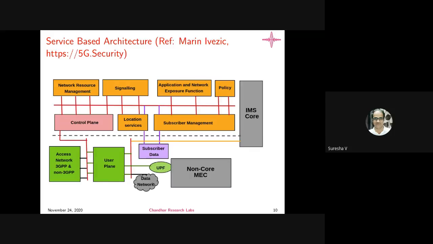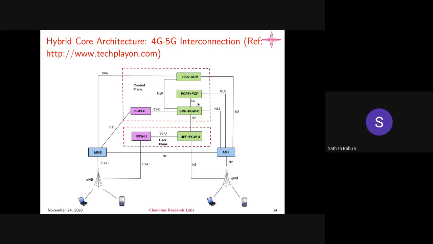If you take 4G, the MME is taking care of all the things, whereas here AMF and SMF, two things are there. So it is going through some intermediate functions here. Since it is sharing the common interface, it can communicate either directly through AMF or through this way. So two possibilities are possible.